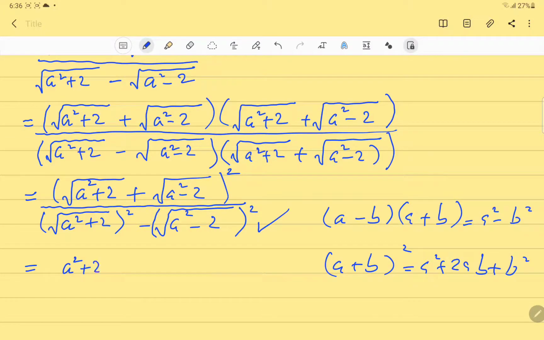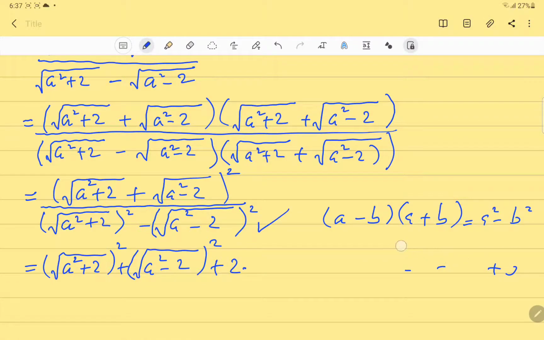So square root of a squared plus 2, squared, plus square root of a squared minus 2, squared, and then 2 into square root of a squared plus 2 and a squared minus 2.